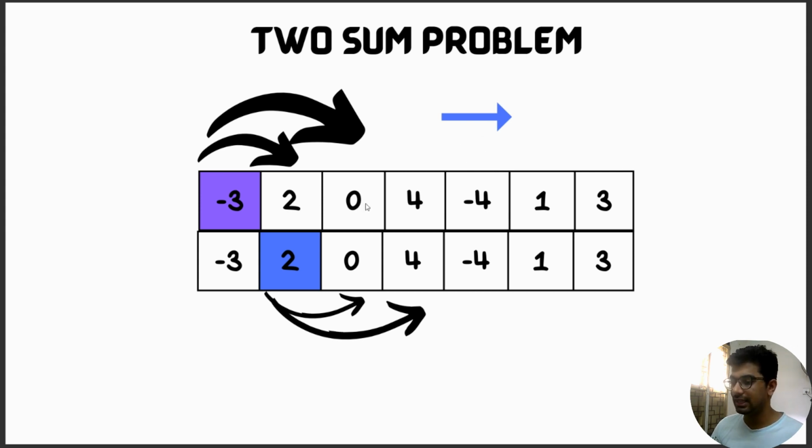It is also given in the question that only a unique pair exists. There are no more than one pair. Likewise, in our example there are a lot of pairs, but in the actual problem there always exists a unique pair. So we don't have to bother about whether the pair exists or not.